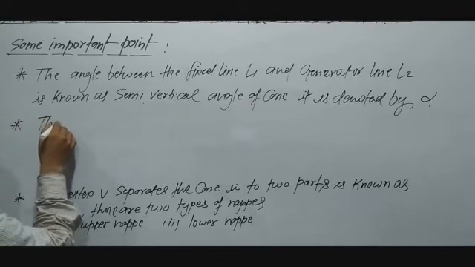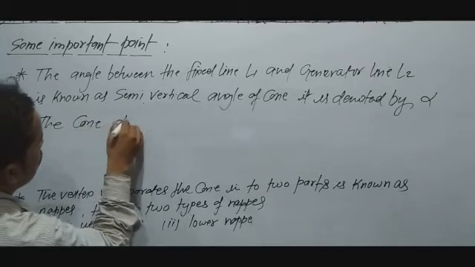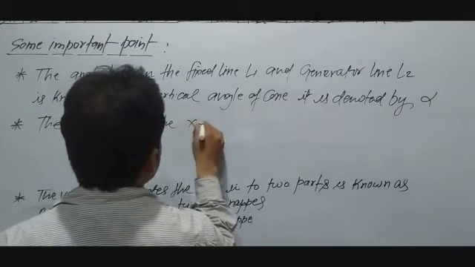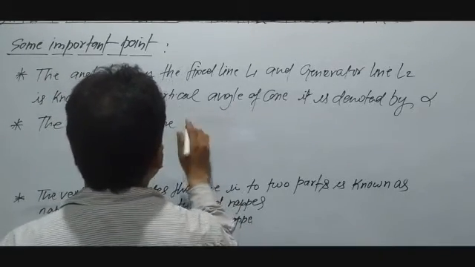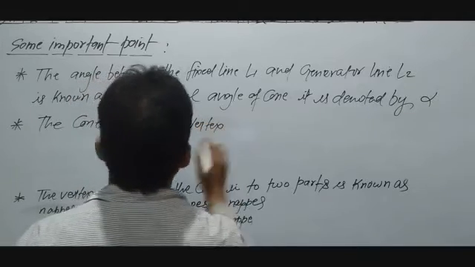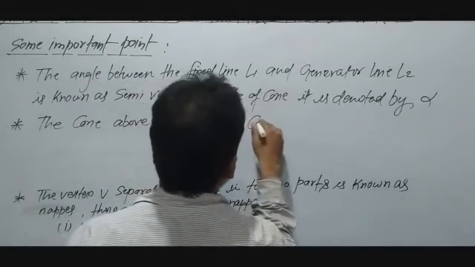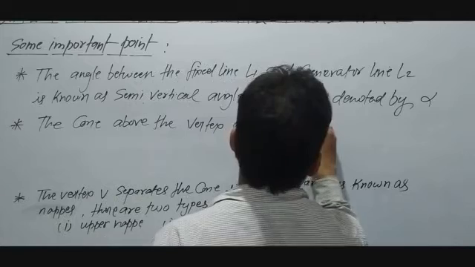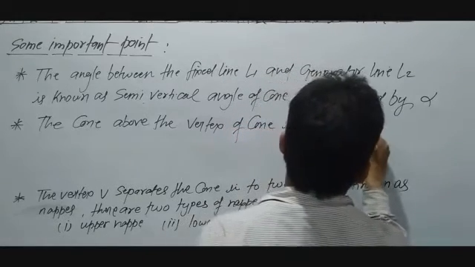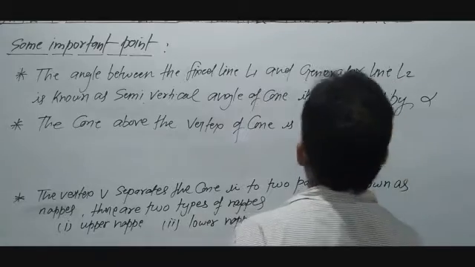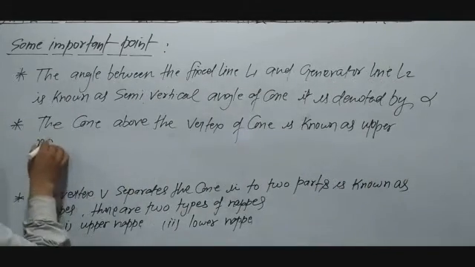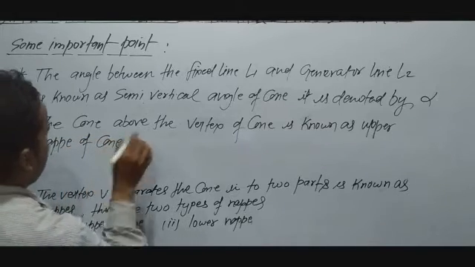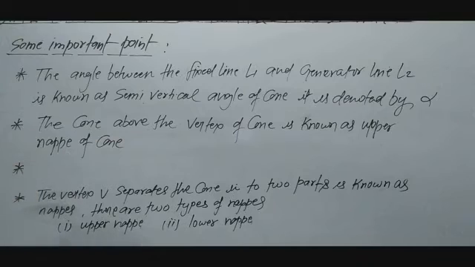The cone above the vertex of cone is known as the upper nap of cone.